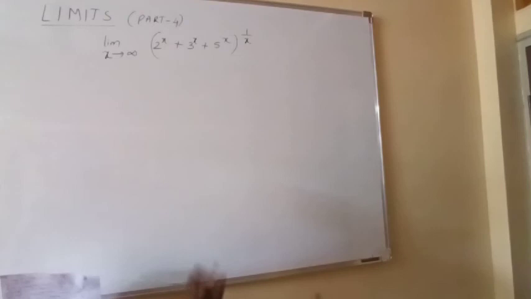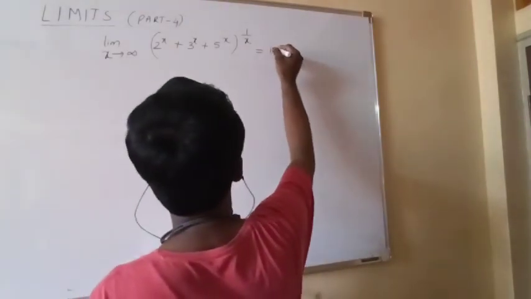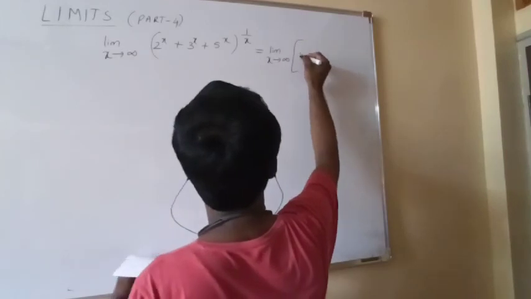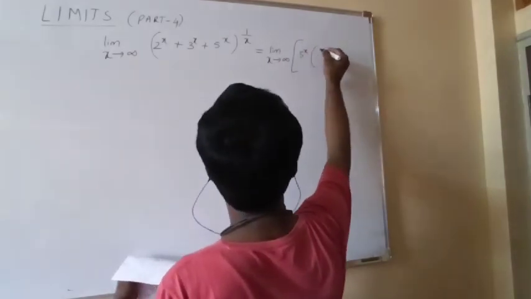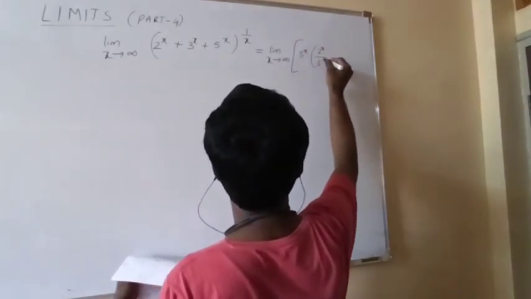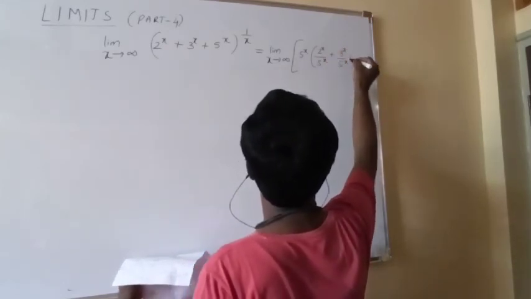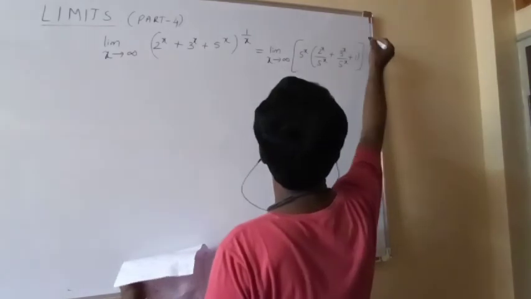Or you take 5 power x common. So limit x tends to infinity, you take 5 power x common. Then what will you get? 2 power x by 5 power x, 3 power x by 5 power x plus 1, whole power 1 by x.